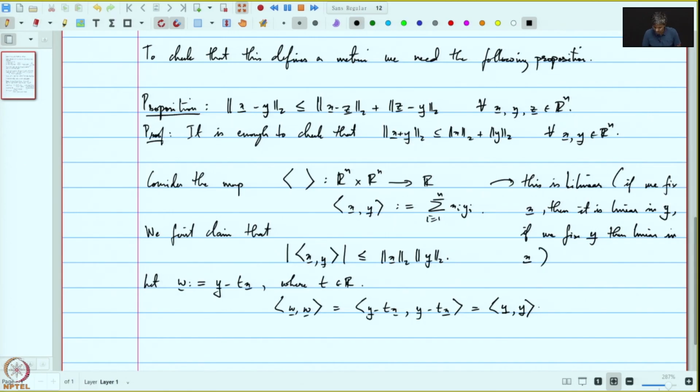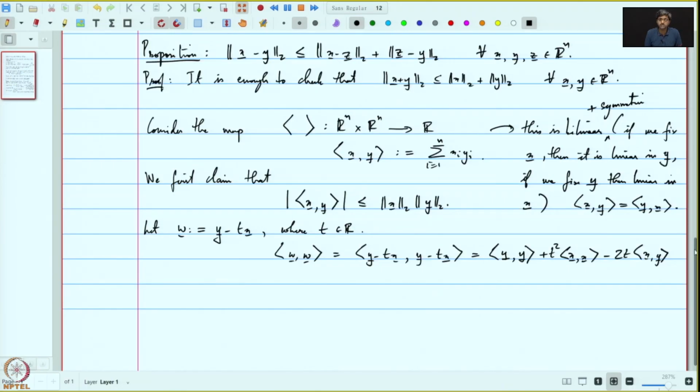Using the bilinearity, we get the expression minus 2t times the inner product of x and y. It is also symmetric, because clearly the inner product of x and y is equal to the inner product of y and x. Using that it is bilinear and symmetric, we get that this is precisely equal to t squared times the norm of x squared, minus 2t times the inner product of x and y, plus the norm of y squared.